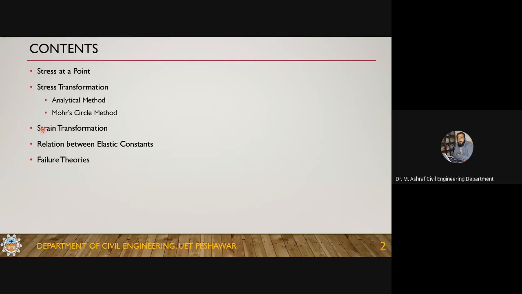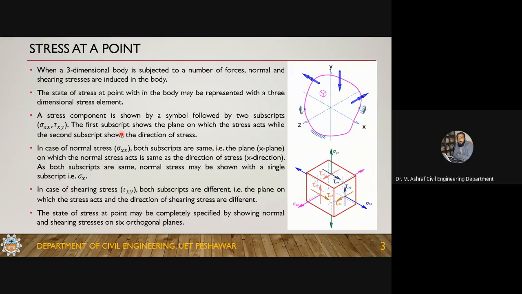In the next class, we'll discuss the Mohr's circle method. Then we'll discuss the strain transformation, and then the relations between elastic constants and these things. Maybe we can have some mixing of the topics depending upon how we go with the lecture. So let's first cover the stress at a point.